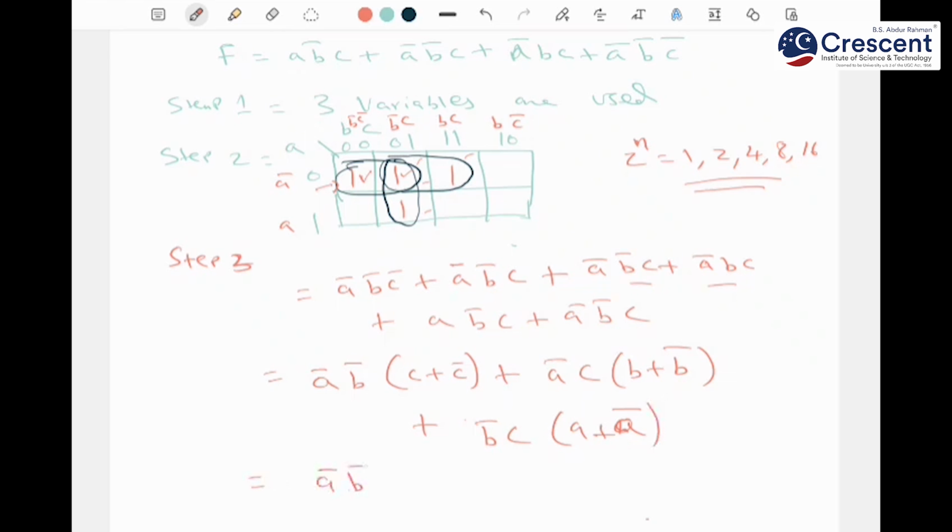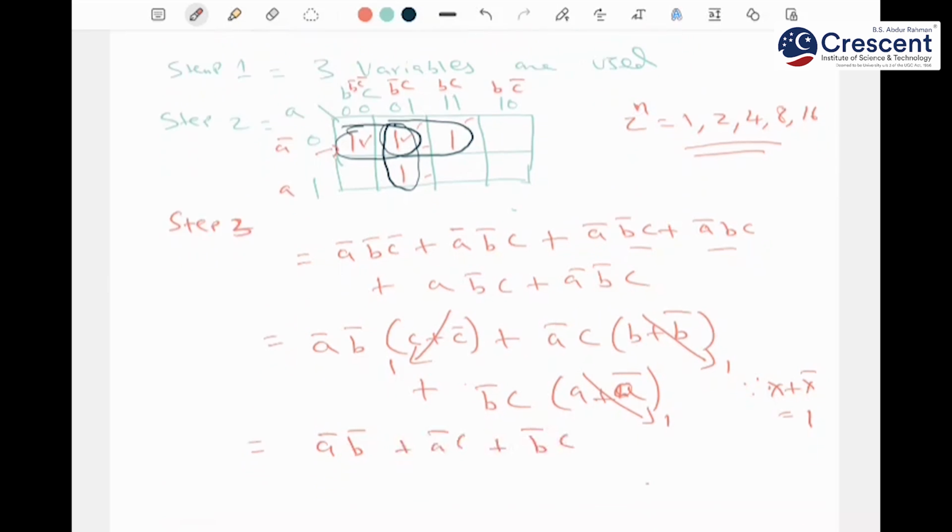You know the Boolean postulate that x plus x bar is equal to 1, so this term becomes 1. Similarly this term becomes 1, this term becomes 1, so you can write a bar b bar plus a bar c plus b bar c.